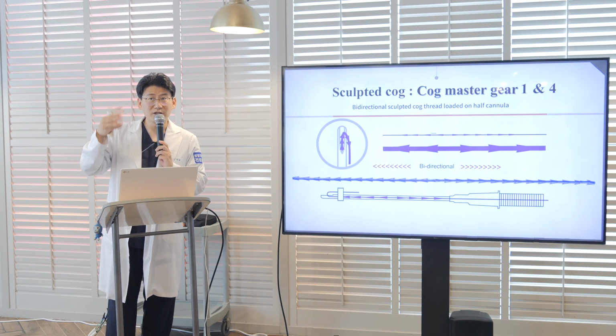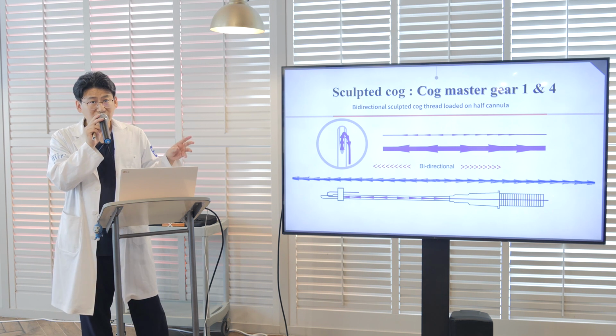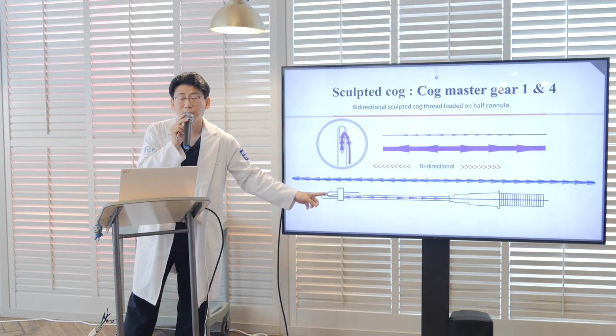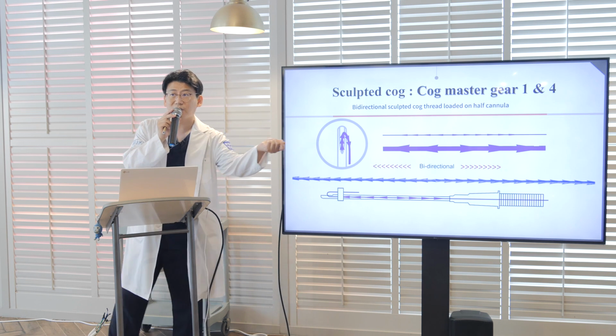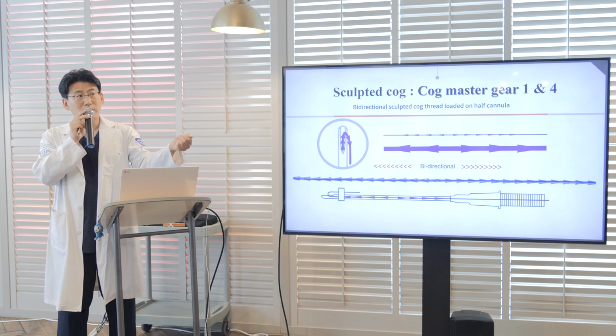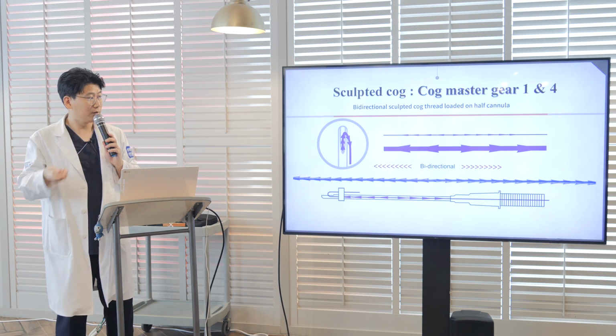It's also designed bilaterally loaded on a cannula. So actually it's an L-type cannula. I will talk about the cannula type later. So you can insert the thread and remove it. Only the thread will remain into the tissue. Then you can pull a little bit more and cut it off. Very simple.